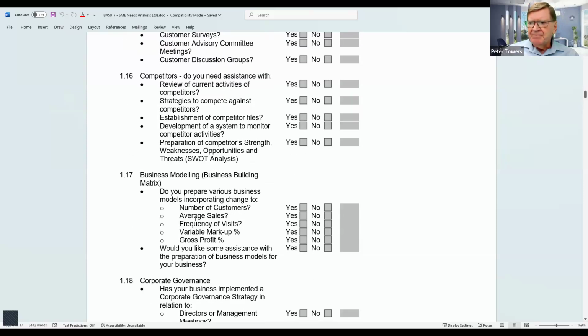What about the business building matrix? Explain to them what could happen if they could sell to an extra 10% of customers and raise the gross profit percentage by 1.5% and improve the frequency of visits if we're talking about a shop.